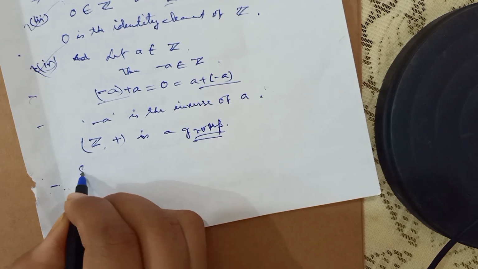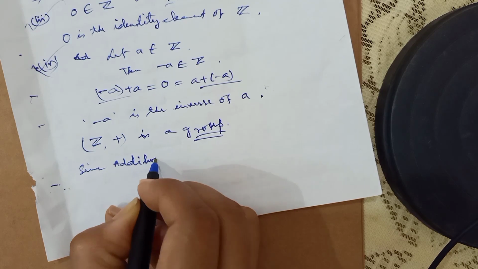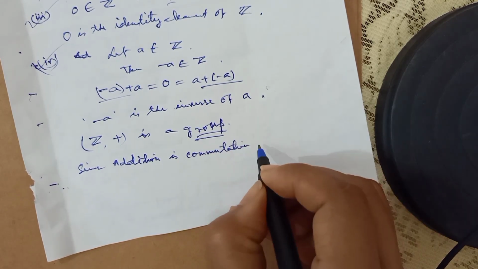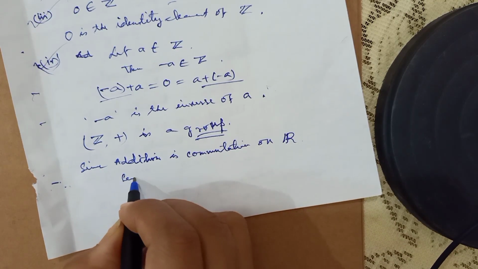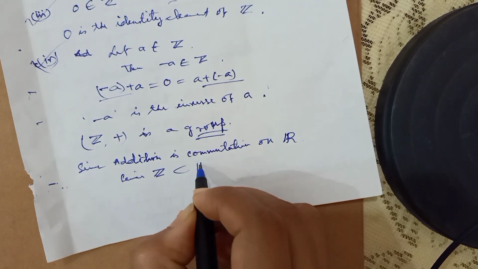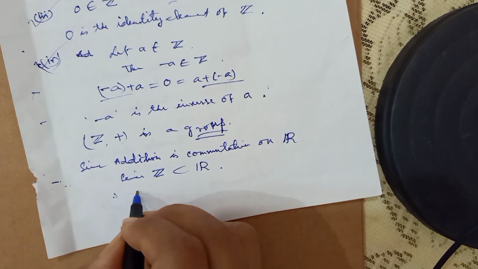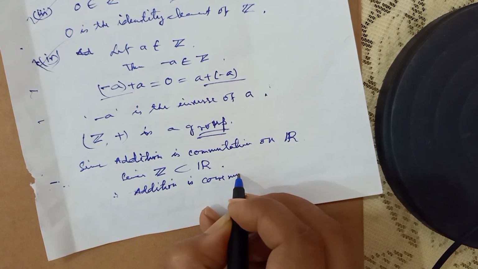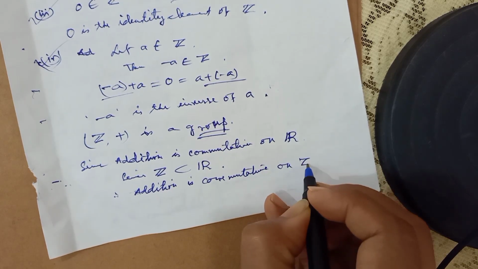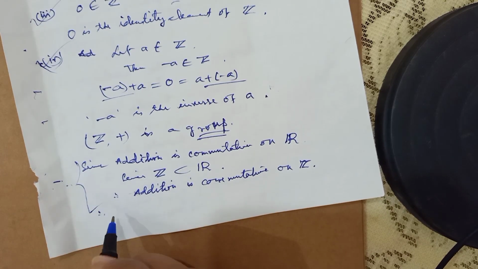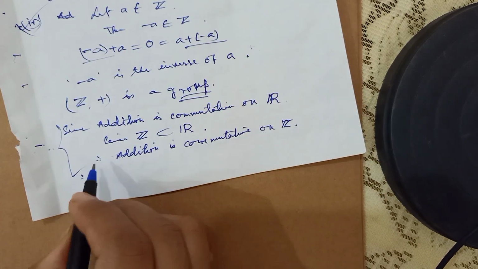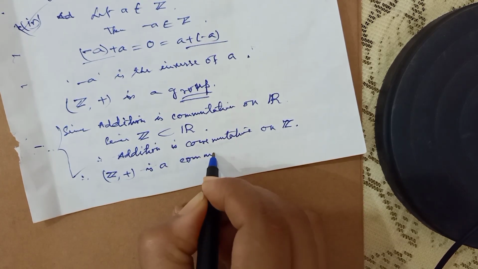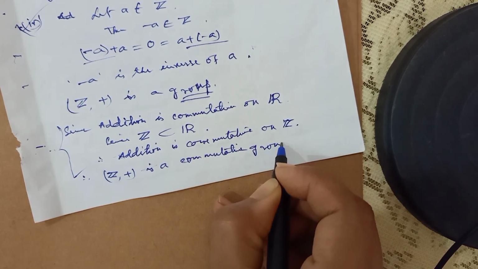Now since addition is commutative on R, and since Z is a subset of R, we can say that addition is commutative on Z. Therefore, from these points, we can say that (Z, +) is a commutative group.